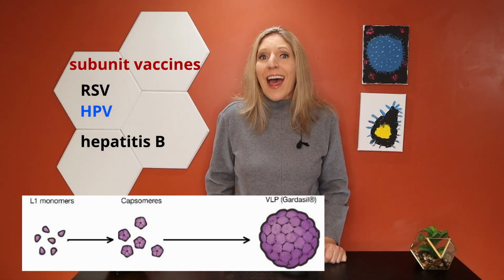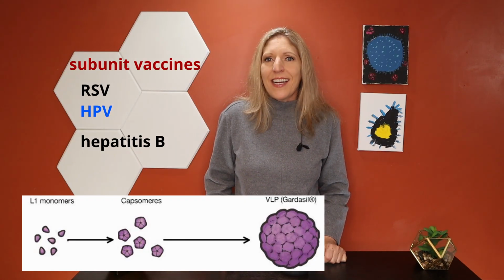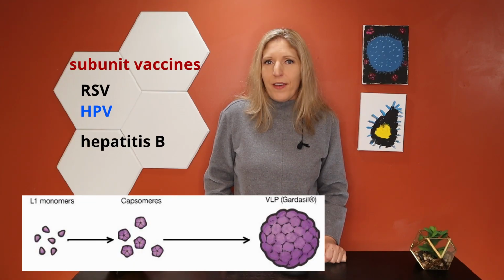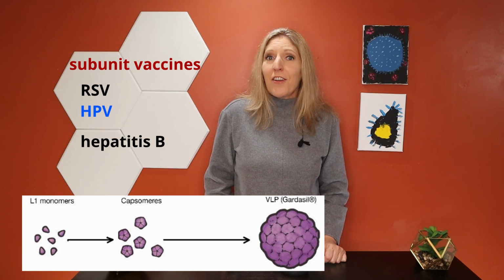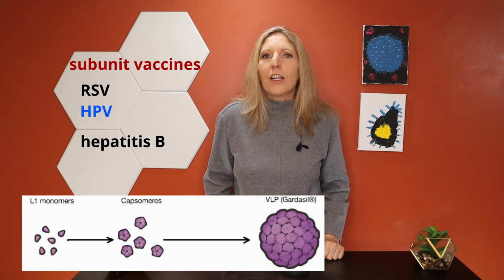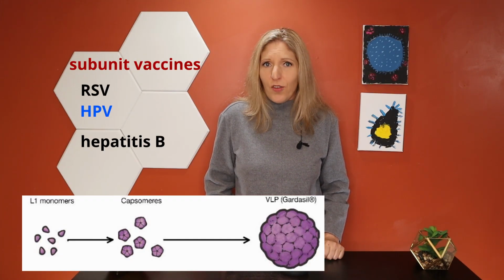HPV vaccines consist of hollow virus-like particles lacking viral DNA and are composed of recombinant inactivated L1, the main structural capsid protein of HPV. All HPV vaccines, which were previously covered in Catch This episode 70, linked above, stimulate production of antibodies that neutralize various pathogenic HPV strains, thus preventing infection with those strains.